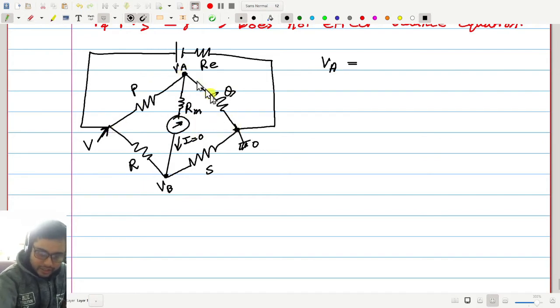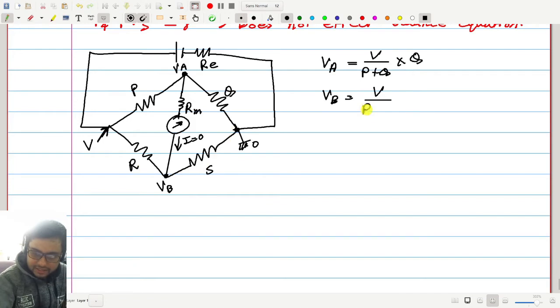Just follow this path, Q and P, this will be V by P plus Q multiplied by Q. V by P plus Q is this current and multiplied by Q is this potential, and VB is equal to V divided by R plus S multiplied by S, and you equate these two at balance, so you will get this quantity equal to this quantity at balance.